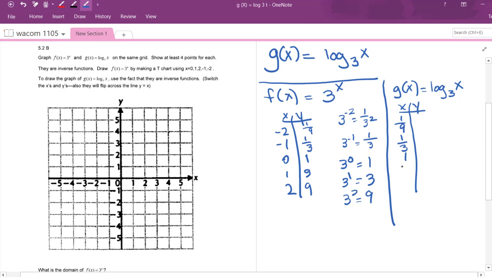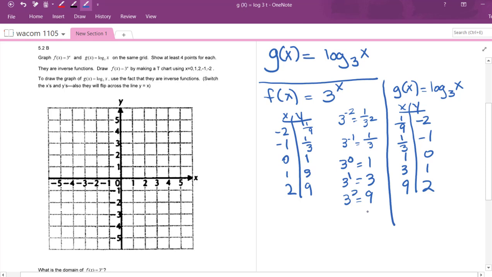That was a 3. Looks funny. And the x's become the y's. This is what I need to put on my grid. If I'm just asked to do the log base 3 of x, which is what you're asked to do in the software, but by hand, I know that I have to do a different thing first.